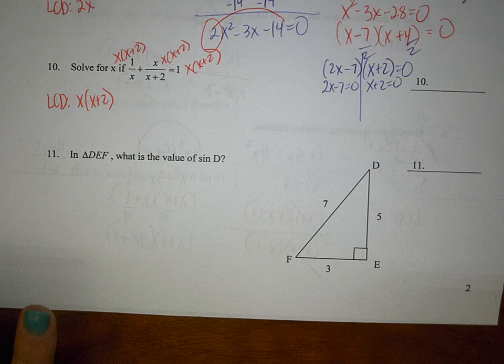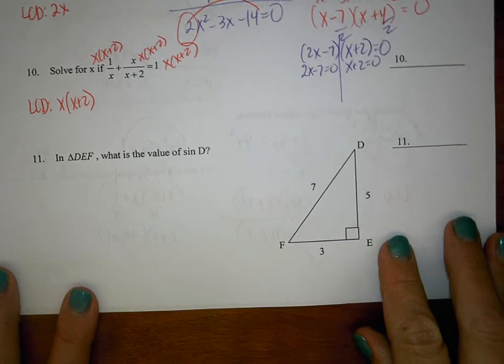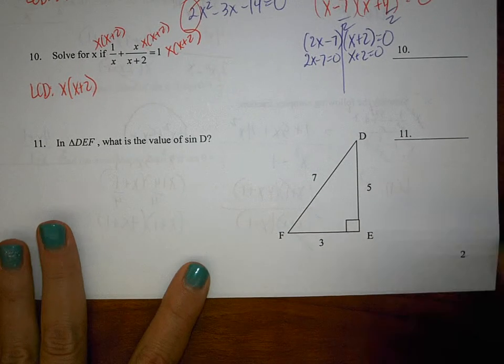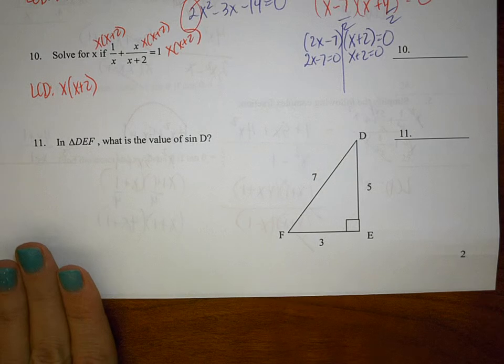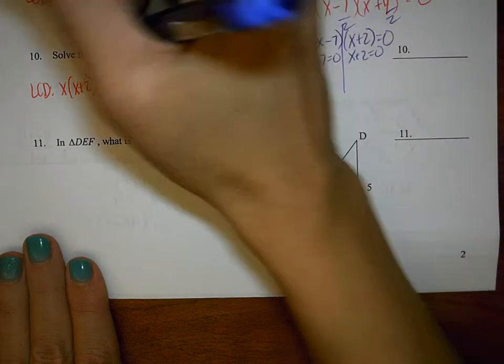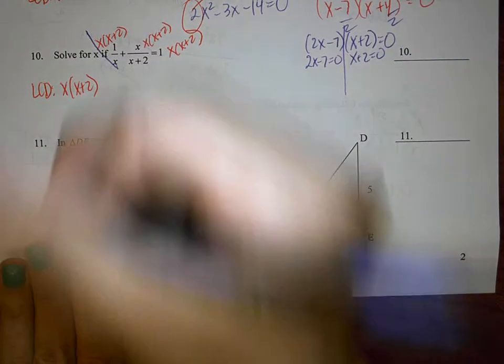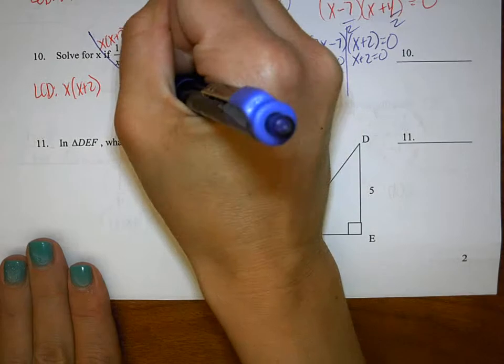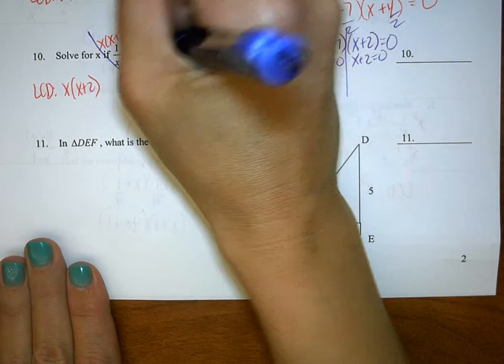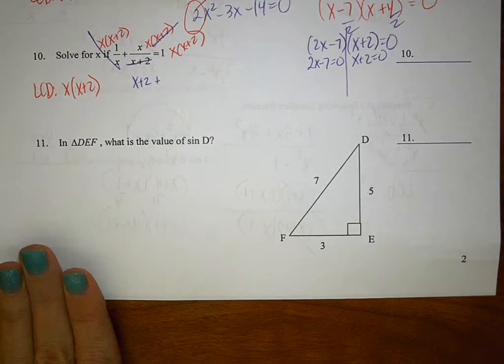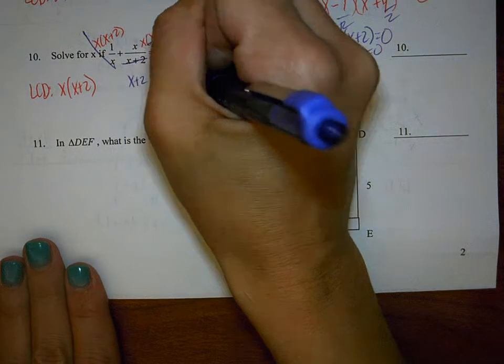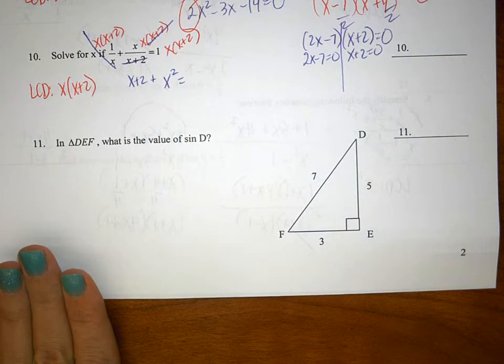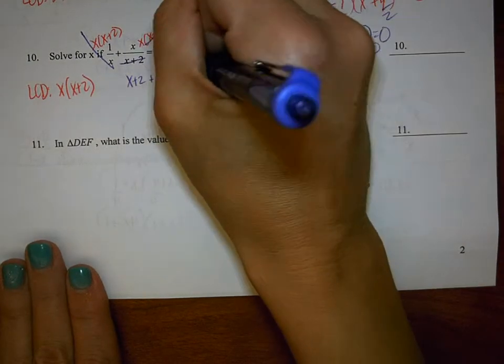All right, so what happens on number 10? I mean, on the first term, on number 10. Cancel the x's. 1 times x plus 2 is? X plus 2. Okay, next term, x plus 2's cancel, and we're left with x times x, which is x squared. Very good. Equals, nothing cancels, and we distribute, and we get x squared plus 2x.